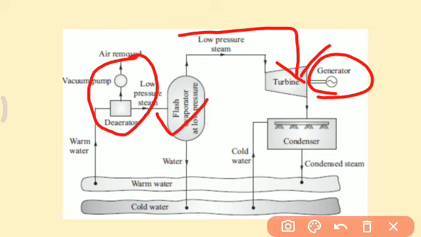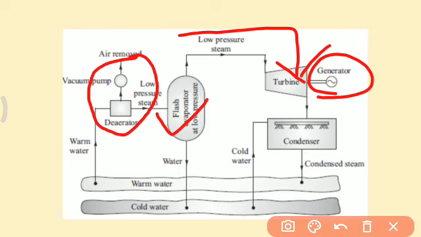And then after passing through the turbine, this steam passes through a condenser. In the open cycle system, this condenser uses cold water from the bottom of the ocean, because the water at the bottom remains at a cold temperature.